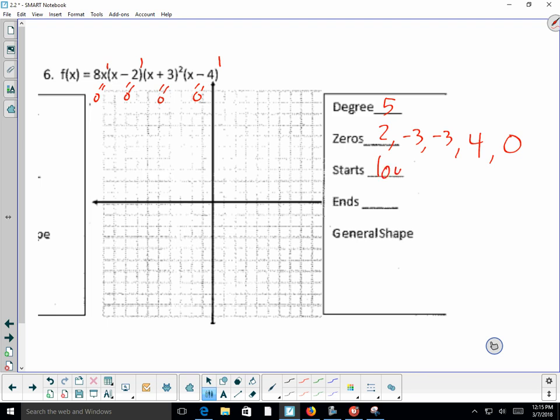Are people okay with this? Yes. Okay, so our general shape, remember you're drawing this here, just start low and end high. Is that right? Something like this? Okay, unfortunately, 1 and 6 both have the same general shape.